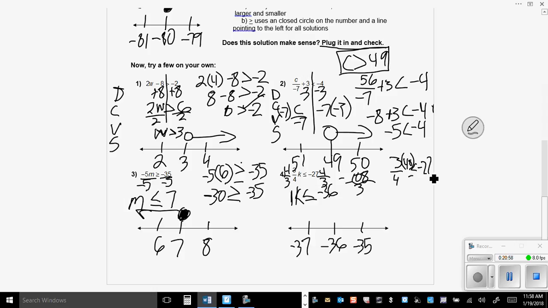This is going to be 120 over 4, and because that's a negative 40 we chose, it's going to be negative 120. That's going to be negative 30, and that is less than or equal to negative 27. That is correct, which means we did the right thing, which means our circle will be closed and we will be moving on to the left. All right, you guys, go ahead and do the homework. I hope that helped. Have a great day.